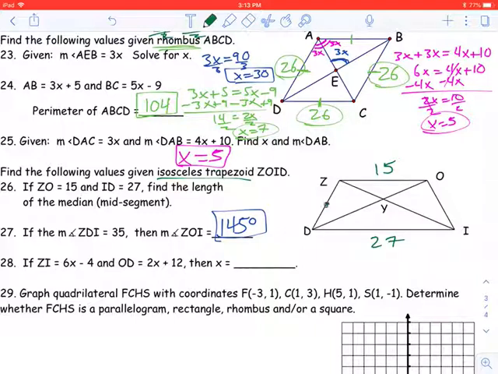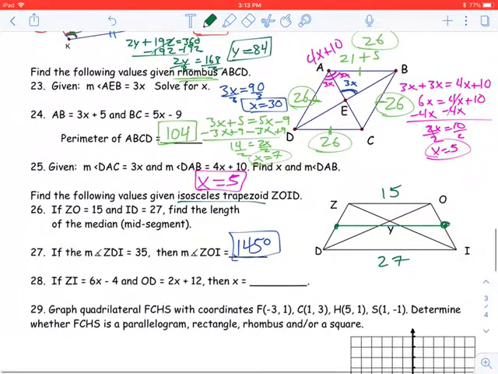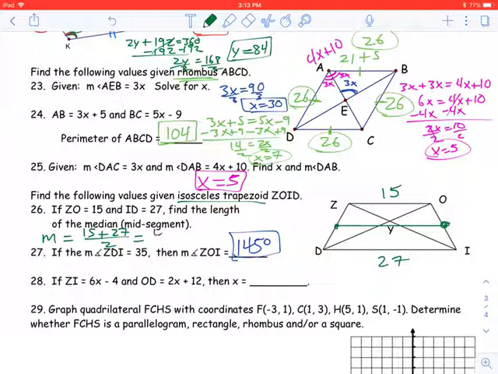So the mid-segment would be the segment that's going across there. And like we talked about already, the mid-segment equals the top and the bottom, so 15 plus 27, both divided by 2. So 15 plus 27 is 42. 42 divided by 2 is 21 for number 26. Okay, 21.